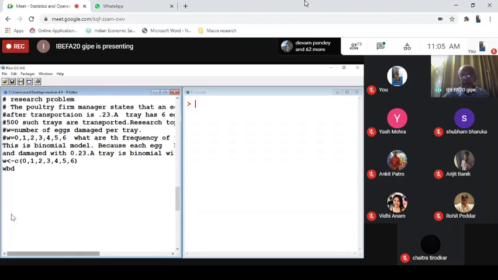W binomial probability: P binom, sorry, W, 6 comma 0.77. Because W denotes the number of eggs damaged, the probability will be 0.23. Or if you take success as not damaged, I will take the probability 0.77.